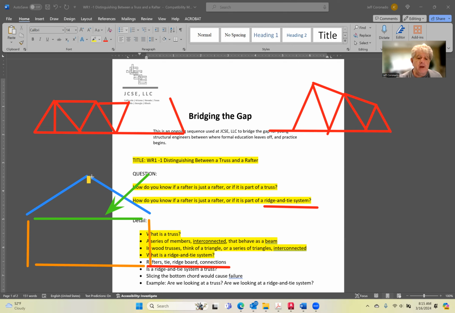Its purpose is pretty much just to hold the rafters in place, because if this wasn't here, then the rafters would almost have to butt up into each other to be stable when it's first being built, right?